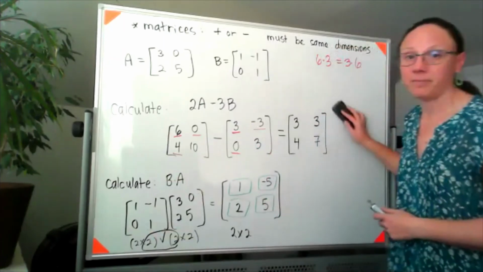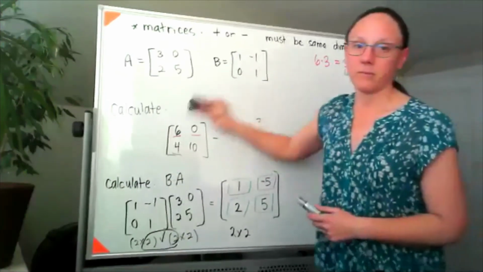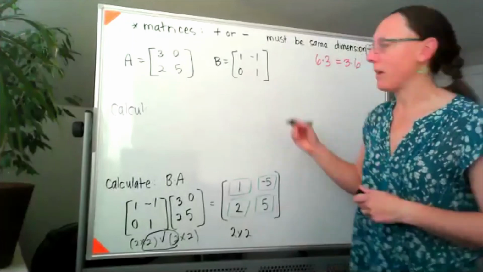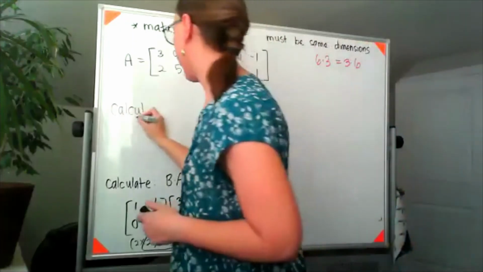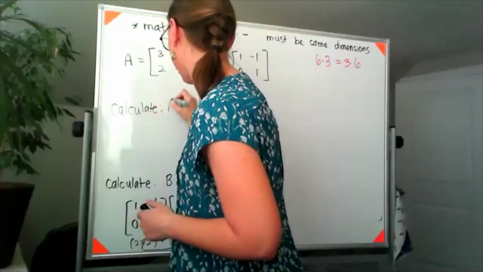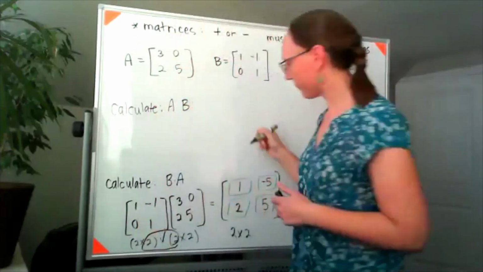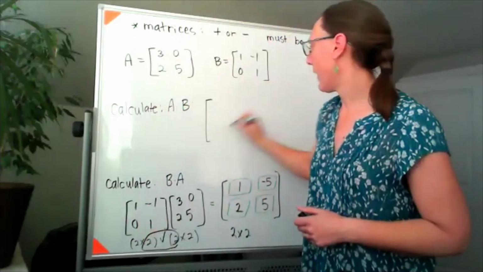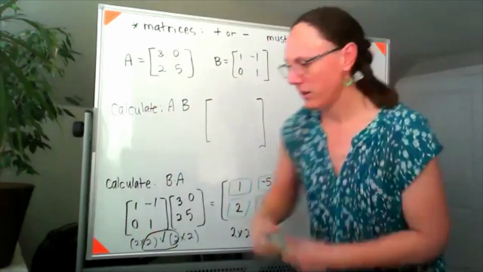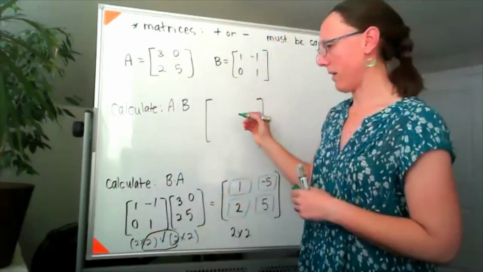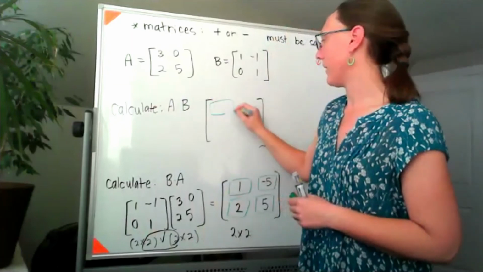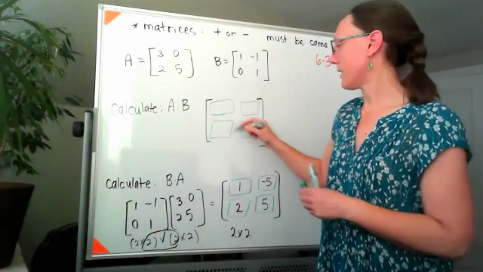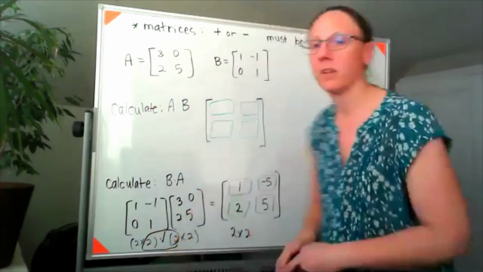Just for fun, let's calculate A times B. And since they're kind of already lined up together, I'm going to just roll with it and not write them all over again. But I'm going to give myself my 4 boxes to keep track of my numbers.